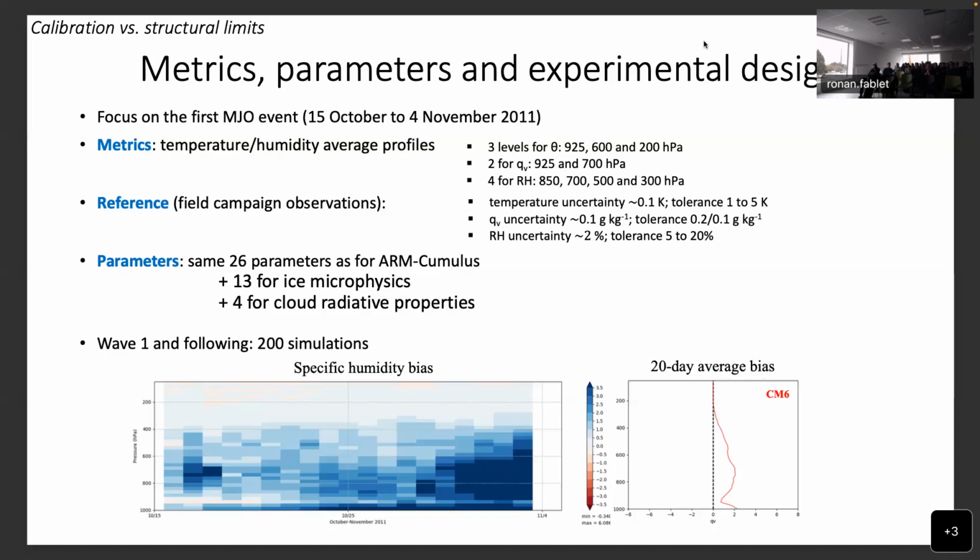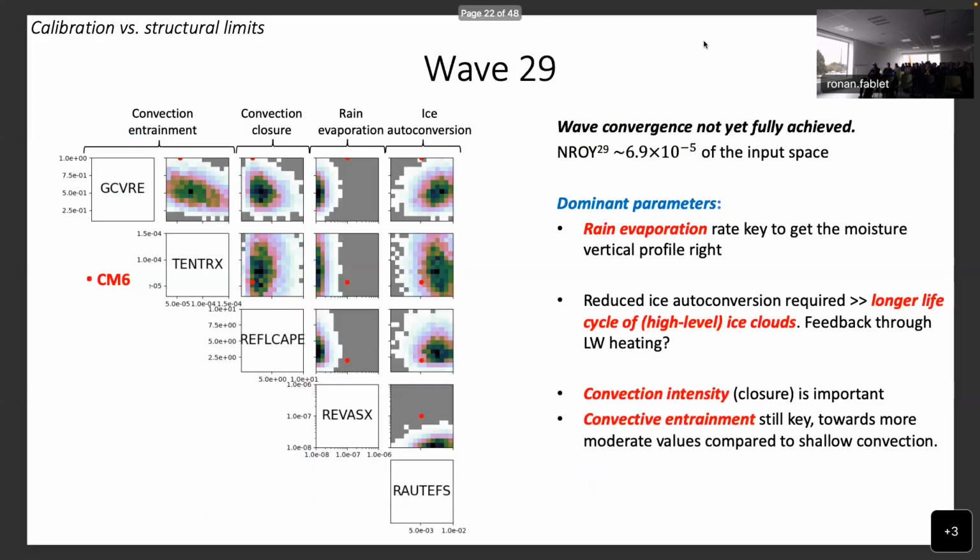That was not the case before. And I'm following about the same approach with 200 simulations in the end. And as I said, the objective is to do calibration using the 20-day average temperature, specific humidity, and relative humidity profiles.